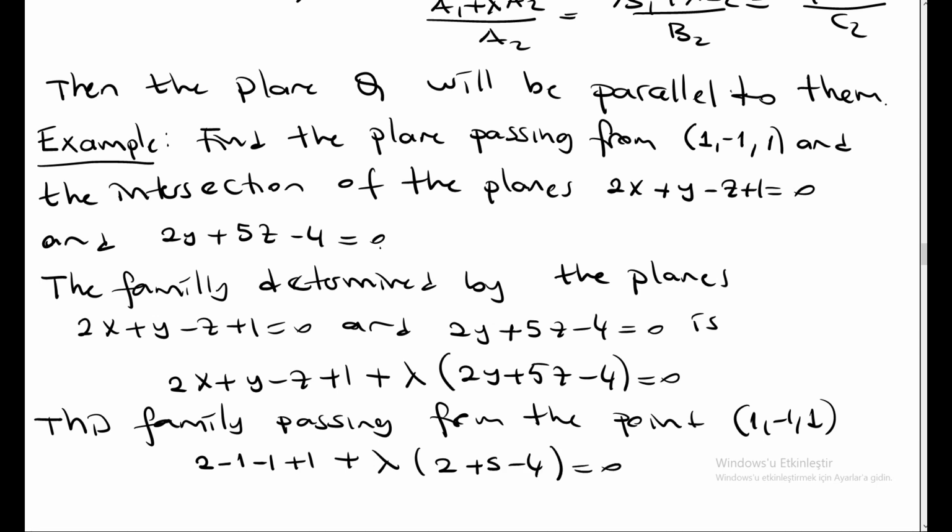So you have 1 plus 3 times lambda equals 0. So lambda becomes negative 1 over 3.